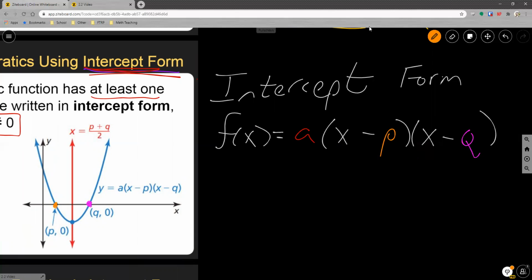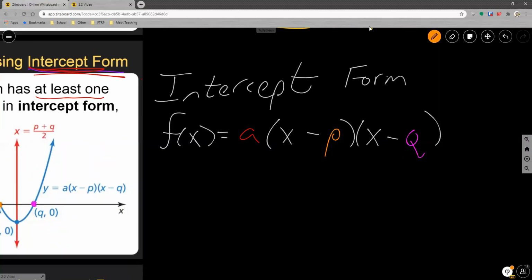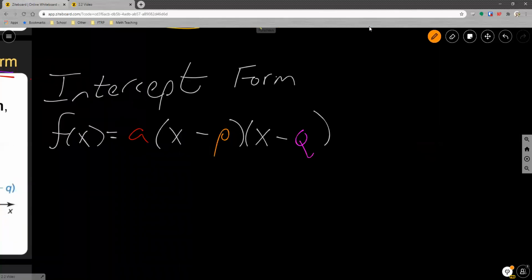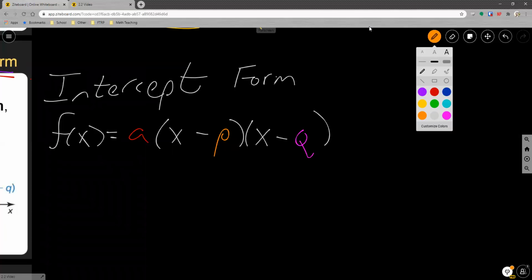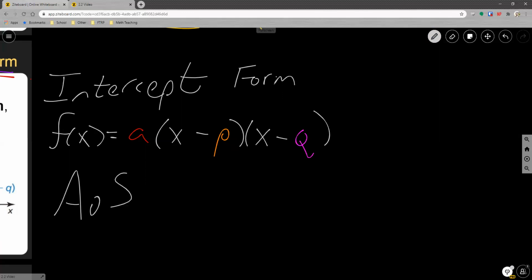I might only have one as well. So we can build our sketch very quickly. And then also we have a new equation for the axis of symmetry in intercept form.